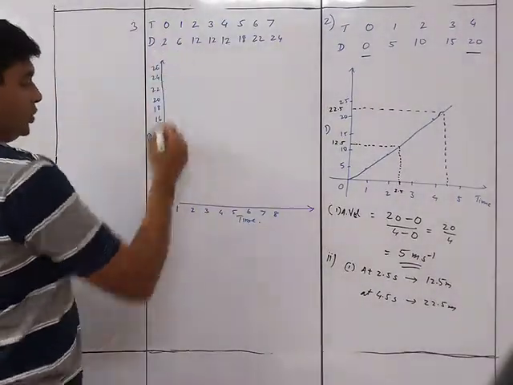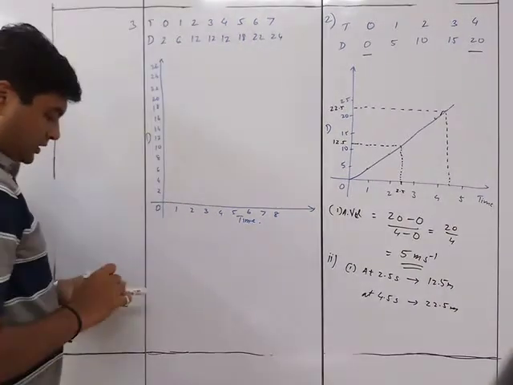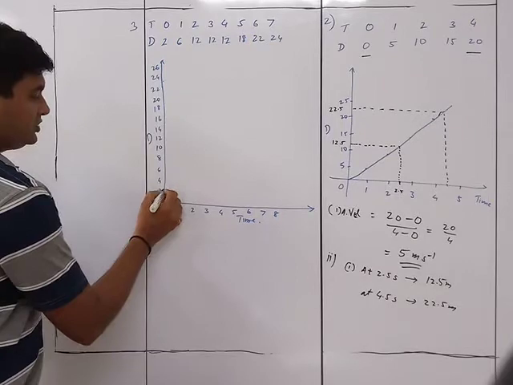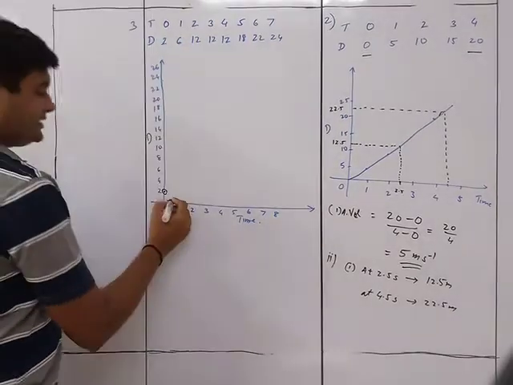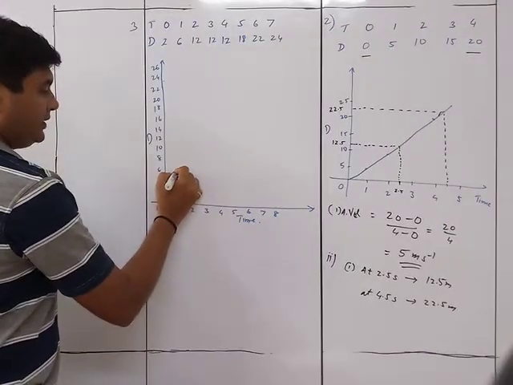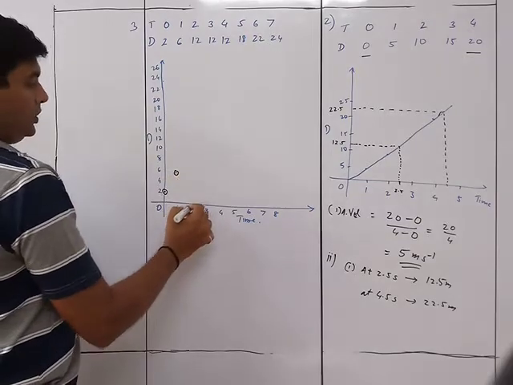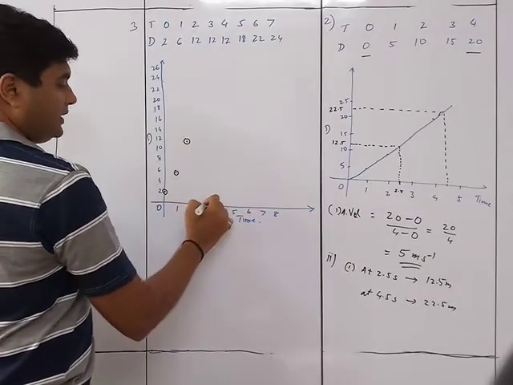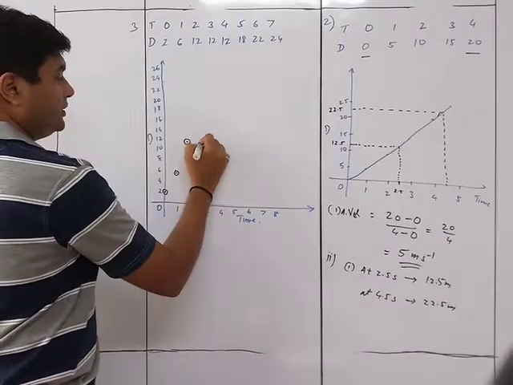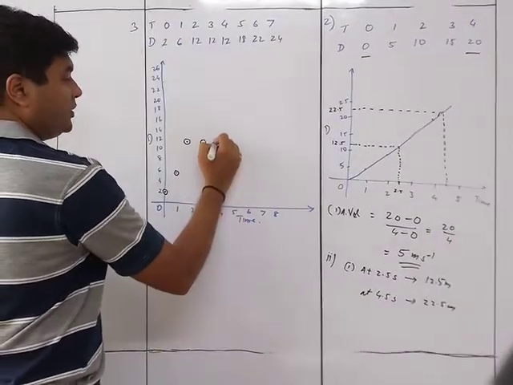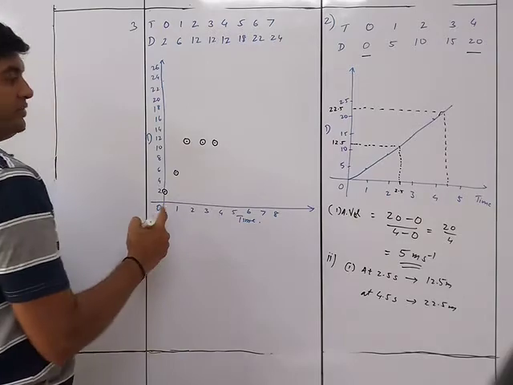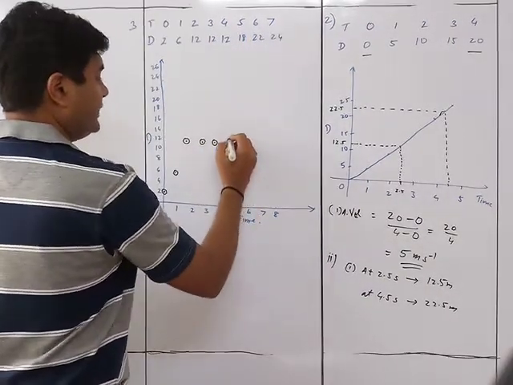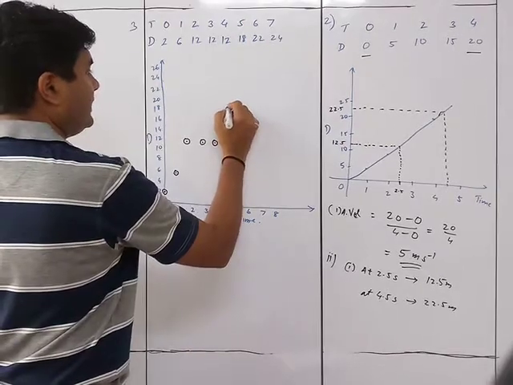Now 0, 2. So 0, 2 will be here. I'll just take the other color. The next is 1 and 6, so 1, 6 will be here. Then 2, 12 will be here. 3 also is 12, so will be here. 4 also is 12, will be here on 12 itself. 5 is 18, so it is going all the way up to 18.